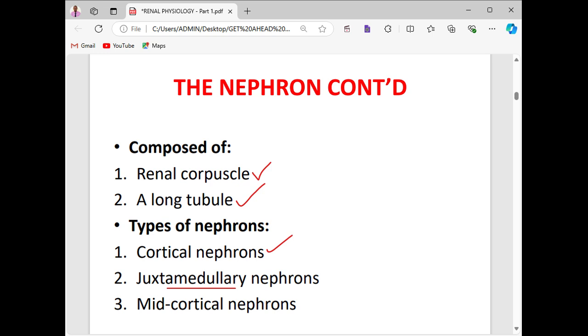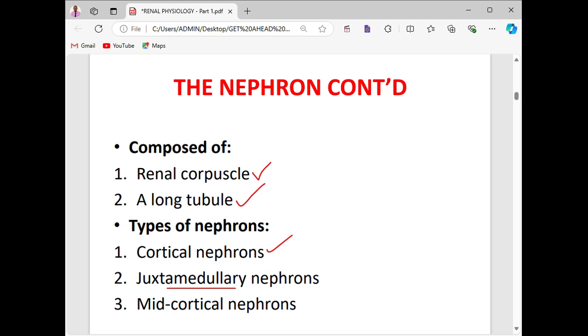When we compare them to the cortical nephrons, these are closest to the medulla, and they have long loops of Henle, which extend down into the medullary pyramids.